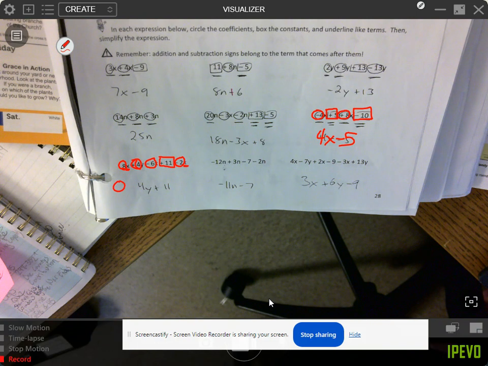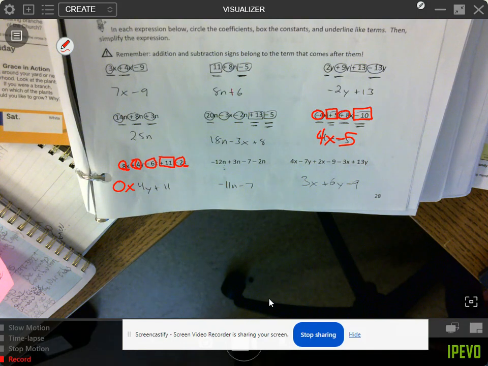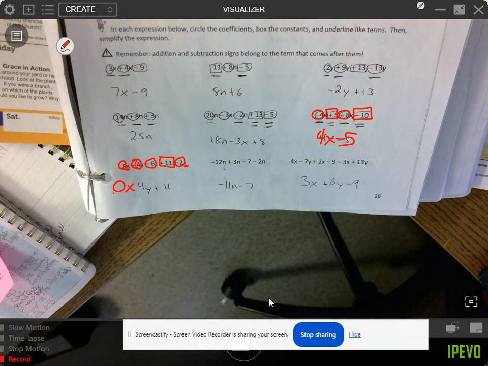Do I need to put a 0x? Why not, Claire? Because it doesn't really actually. That was my question. Is it okay if we did have that way, like you take things off? I had x plus 4y. Oh, you can't have x plus 4y because it's a 0x.